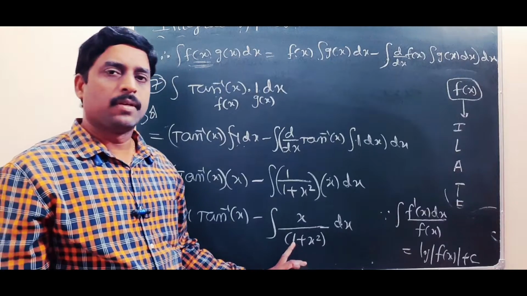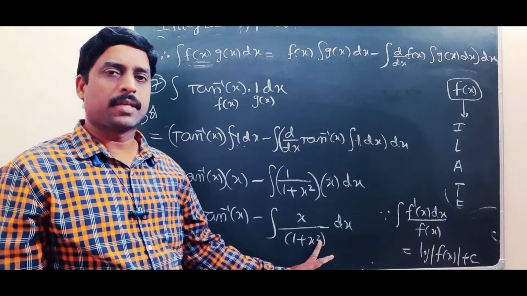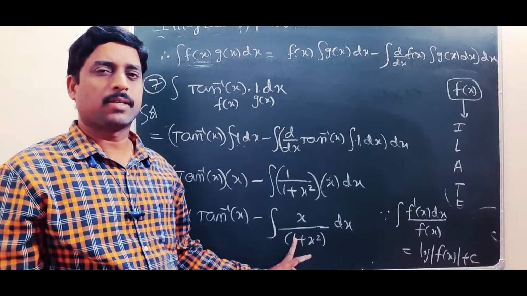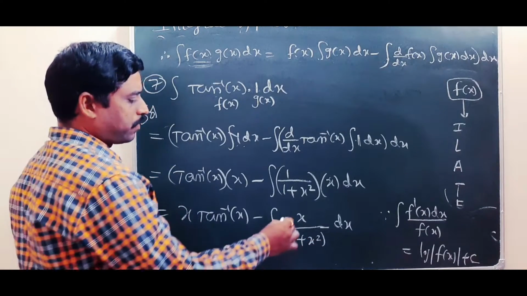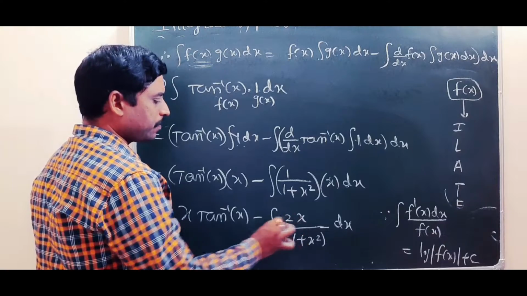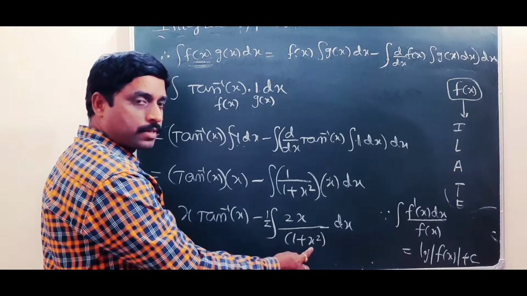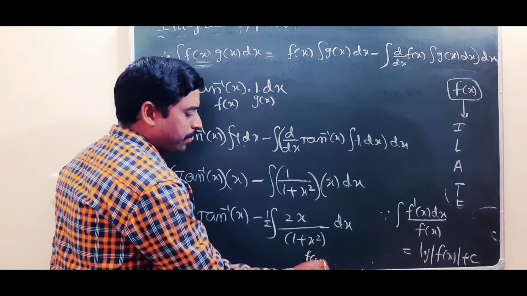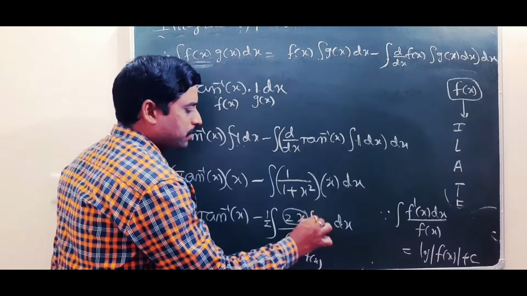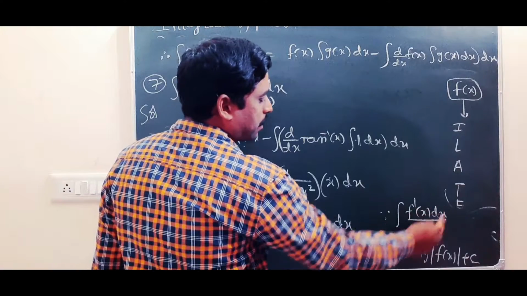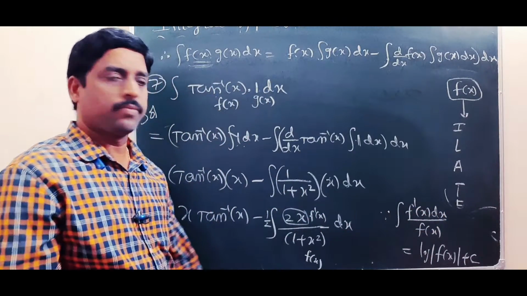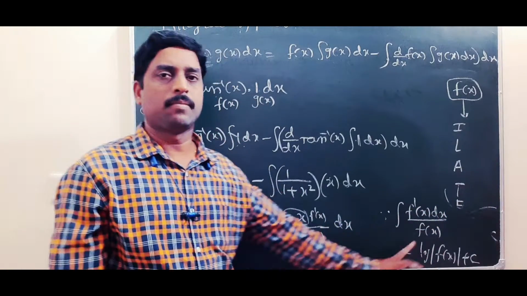So let us observe one point, differentiation of 1 plus x square is 2x, differentiation of 1 is 0, differentiation of x square is 2x. So first divide and multiply by 2. So let us take 1 plus x square is f of x, then 2x is f dash x. This is in the form of integral f dash x dx by f of x. So what is the formula? Log mod f of x, log mod denominator.